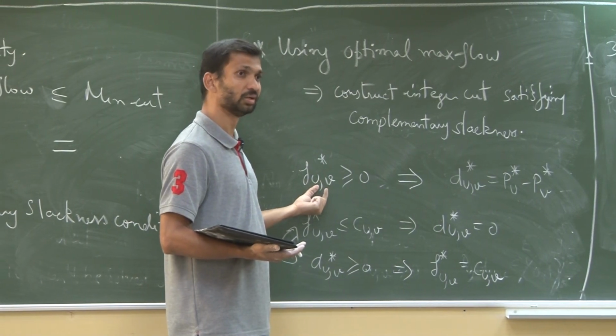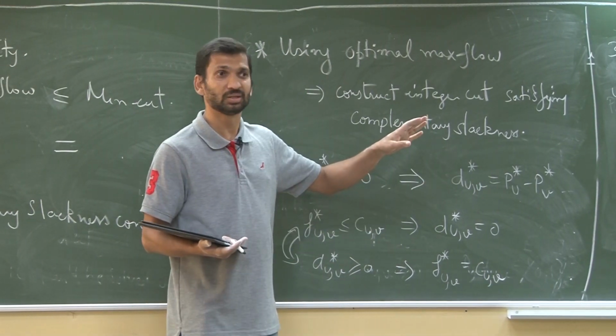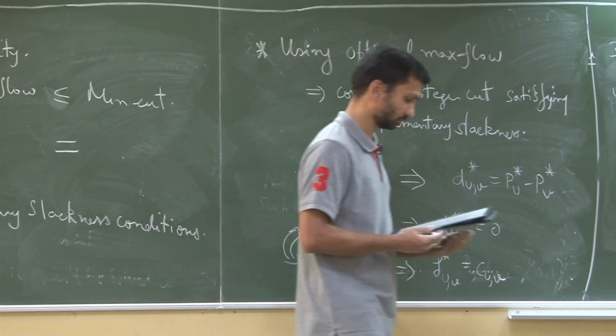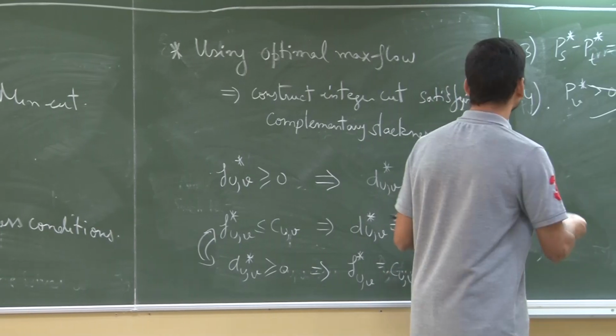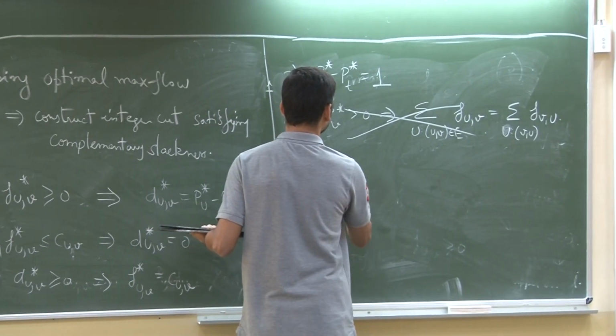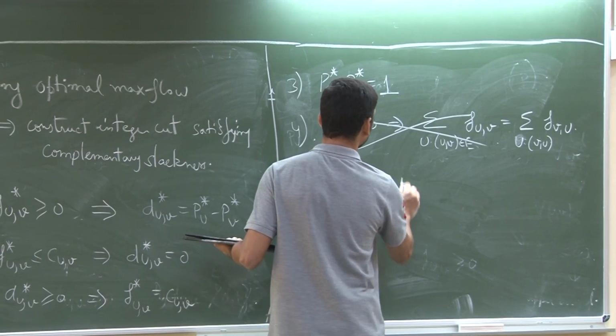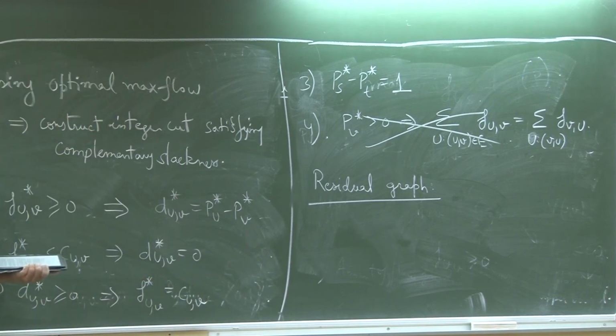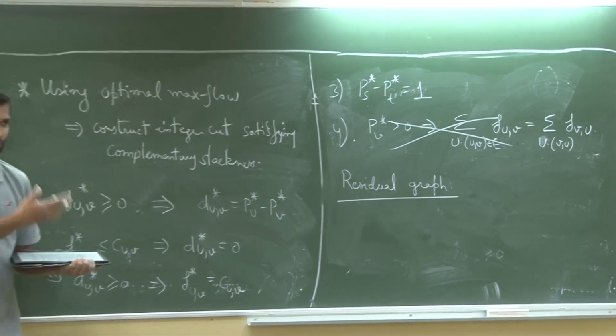FUV star so that it satisfies complementary slackness condition. And this is done through what we call a residual graph. Okay, and this idea was also introduced to you.